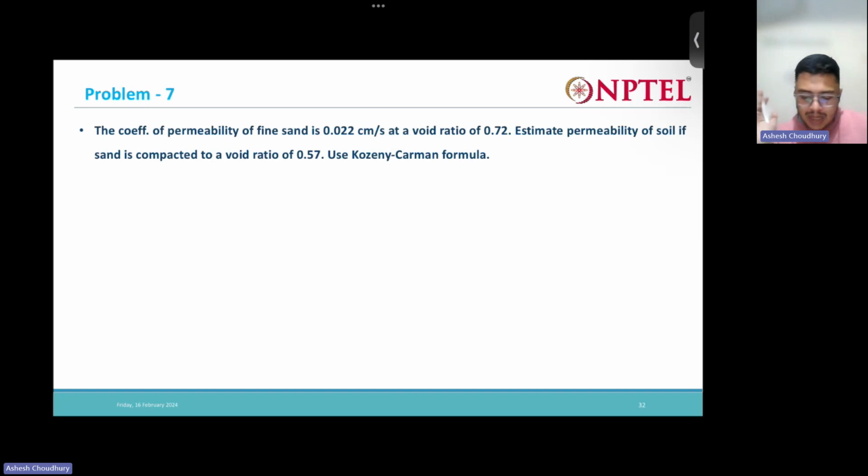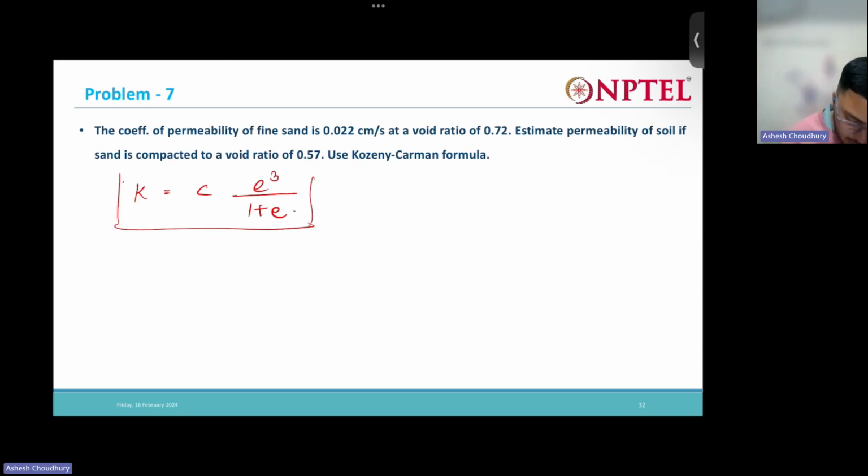So obviously, if the void ratio is reducing, you can expect that the soil is becoming more dense, right? The sand is becoming more dense. So if the soil is becoming more dense, the permeability is going to reduce, right? So the Kozeny-Carman formula is nothing but K is C into e cubed by 1 plus e. Okay, this is the main basic formula.